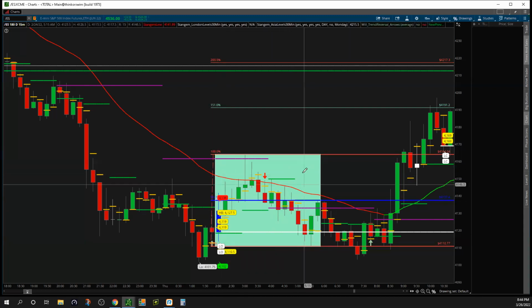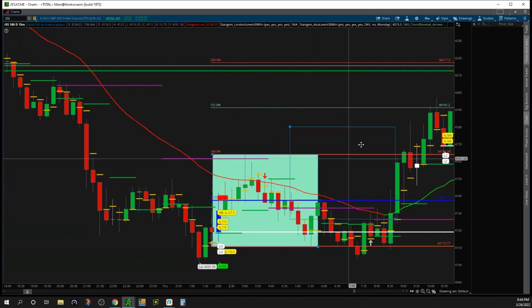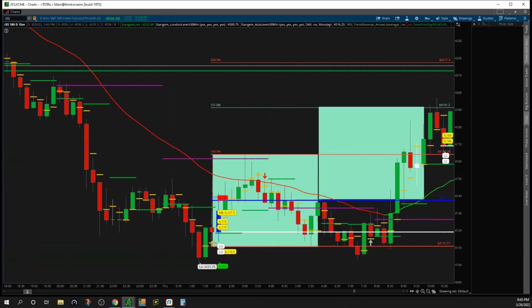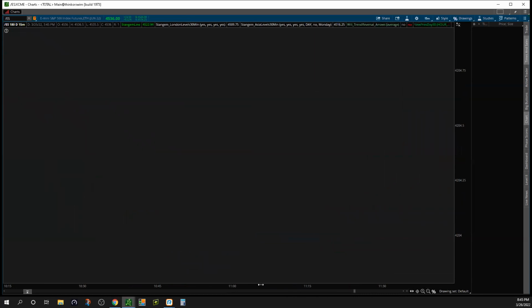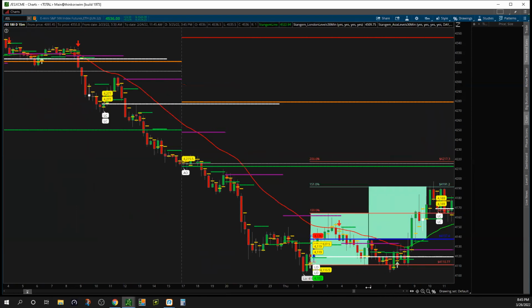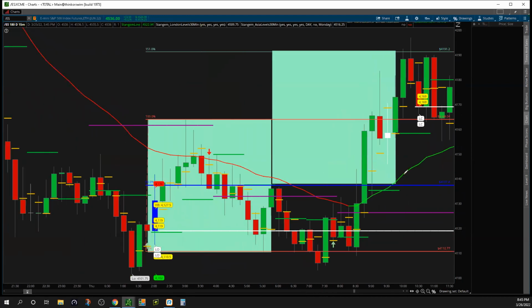Same concept that we're doing here, except it's on this one candle. This target hit. Target hits.